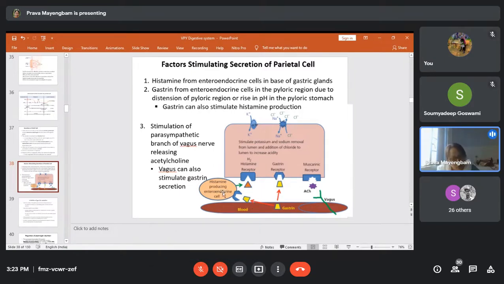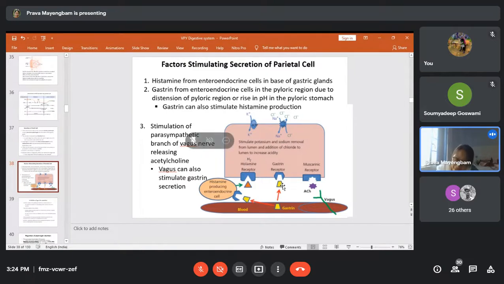Not only this, the gastrin produced from the enteroendocrine cells due to distension of the pyloric region will also find its receptors present on the parietal cell. So this is showing the parietal cell.